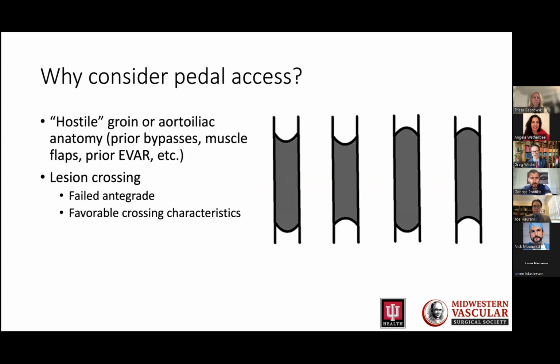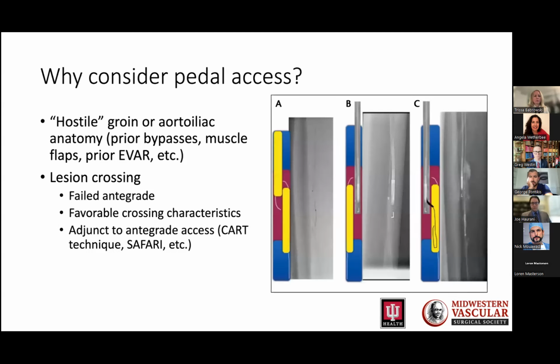But theoretically, some lesions will have a hard, dense cap at the proximal site, but might not have that on the distal aspect of the occlusion, and so might be easier to cross from one direction or the other. If you couldn't cross from above, it might be easier from below.